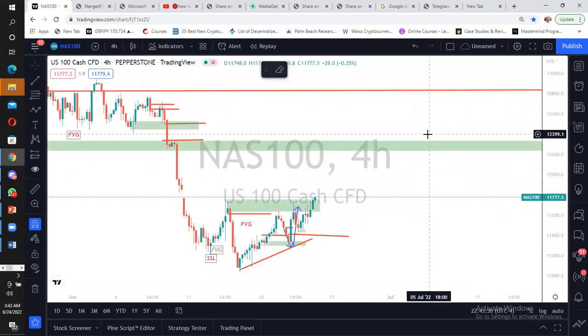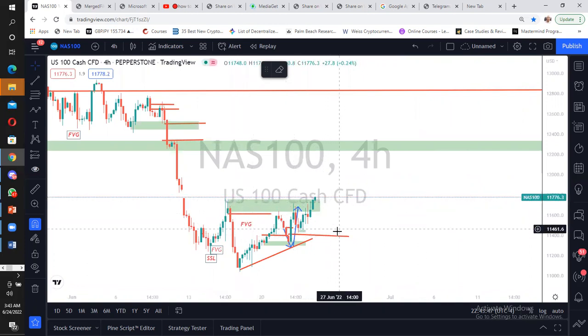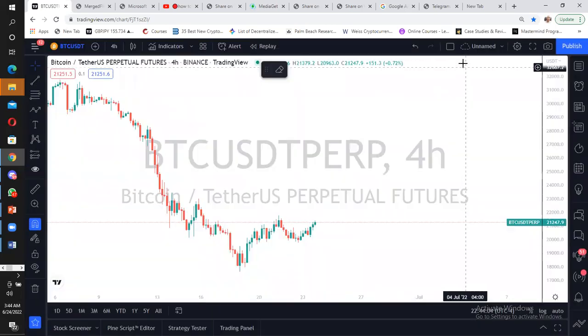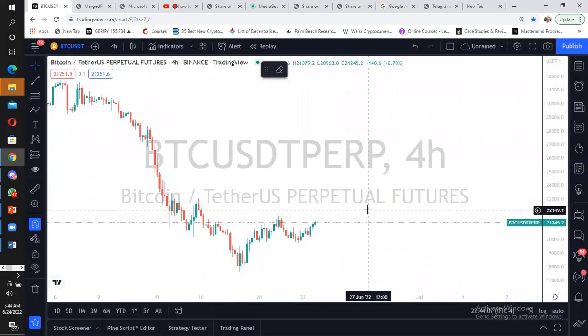This is NAS. NAS has been delivering as expected. And as you can all see, the movement has been so smooth, just as analyzed. So let's go straight up.